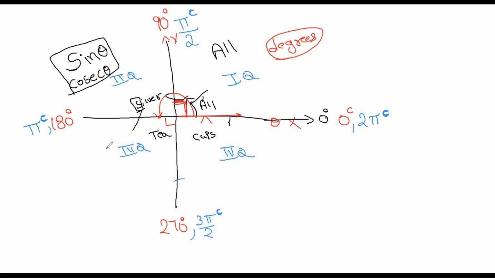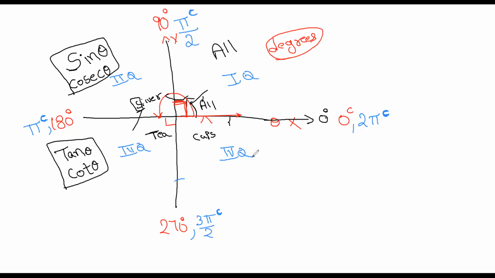Now let's see where we have to apply this. Next, the third quadrant. This is T. T is for tan, and the reciprocal of tan is cot. So in the third quadrant, tan and cot are positive. Other than tan and cot, they are negative.